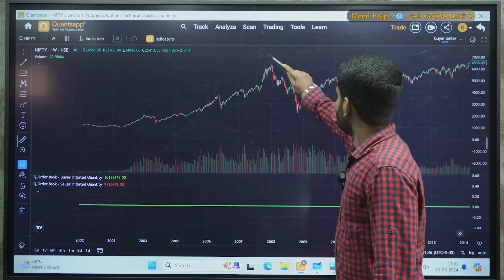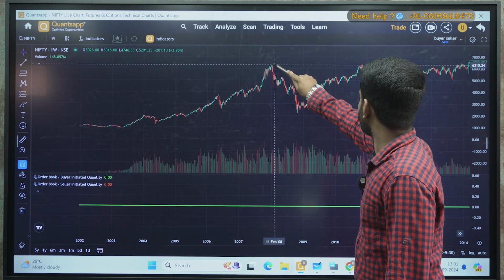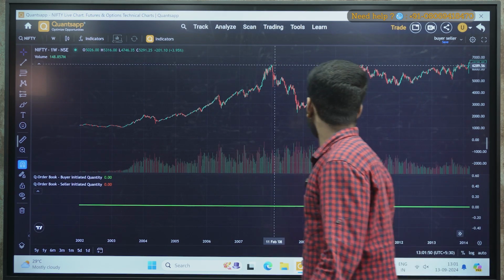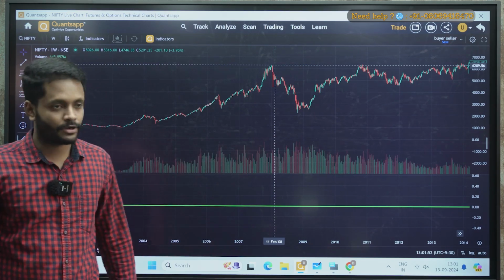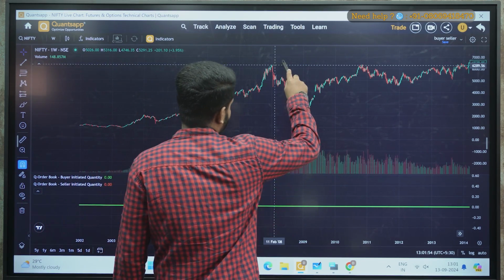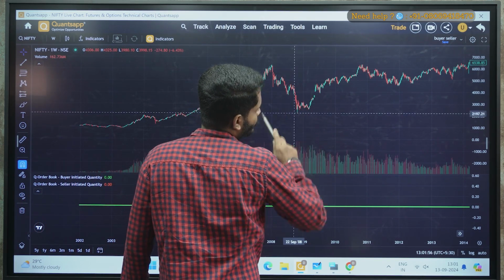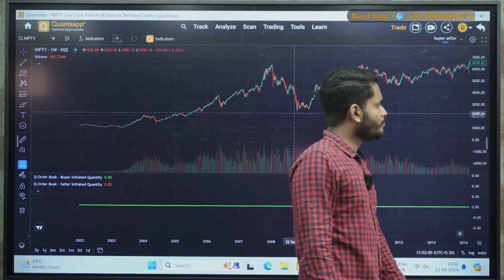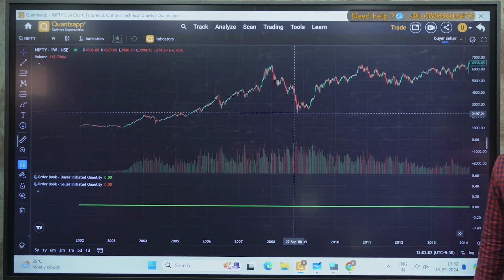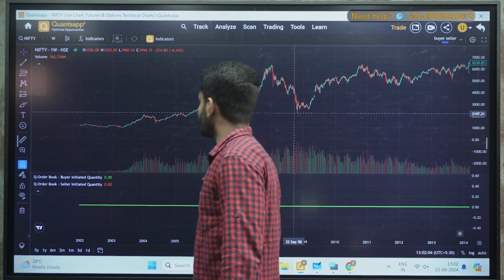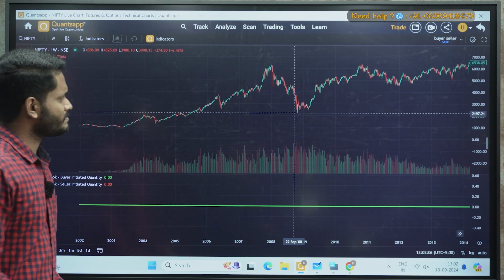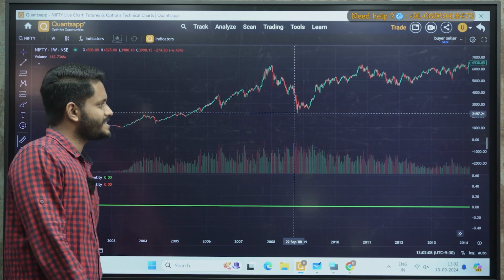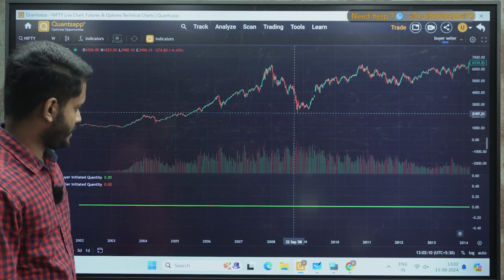Okay, so Nifty was trading around 6,289, that is approximately 6,500. Okay, and it crashed to 2,000 approximately, that is, let us say, more than a 50% correction we can say. Approximately you can say more than 50%, or okay, for our convenience, let us consider approximately a 50% correction.